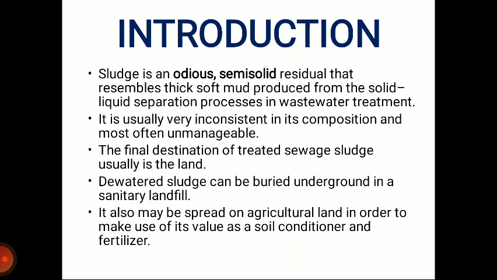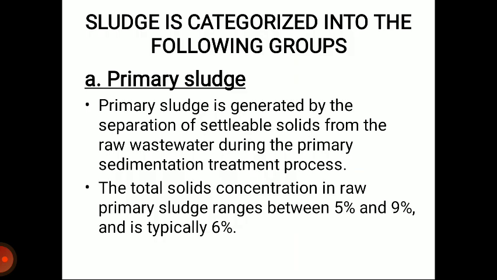The final destination of treated sewage sludge usually is the land. Dewatered sludge can be buried underground in a sanitary landfill. It also may be spread on agricultural land in order to make use of its value as a soil conditioner and a fertilizer. Sludge is categorized into the following groups.